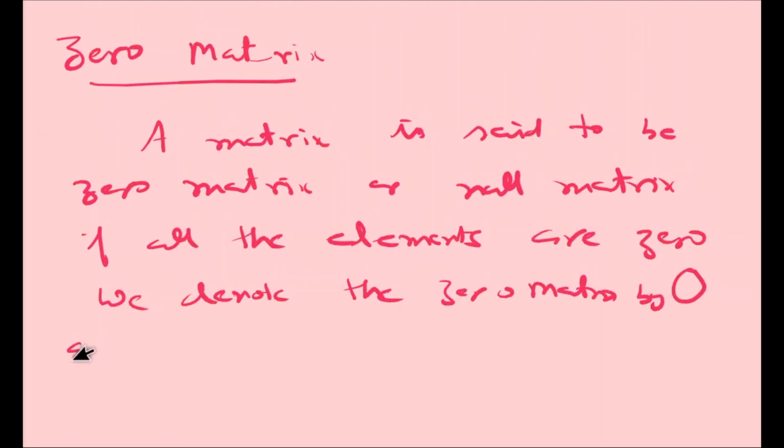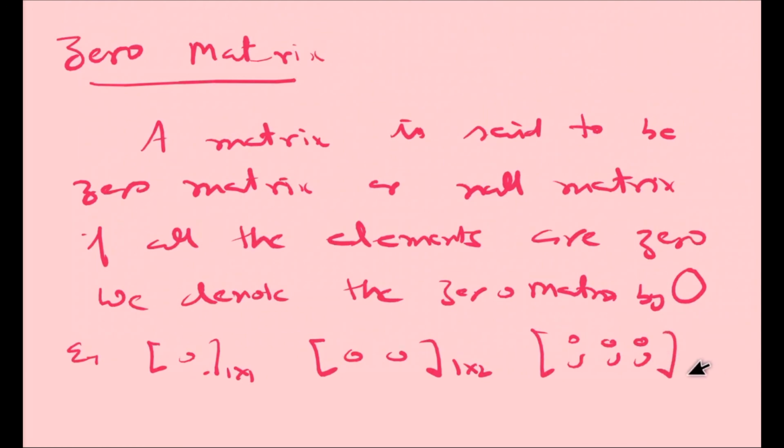Now for example, it is of order 1 by 1, 0. It is of order 1 by 2, 0 0. Or it is of order 2 by 3, all zeros. There are so many examples. It may not always be square, it may be rectangular, it may be a horizontal row, or it may be a column.